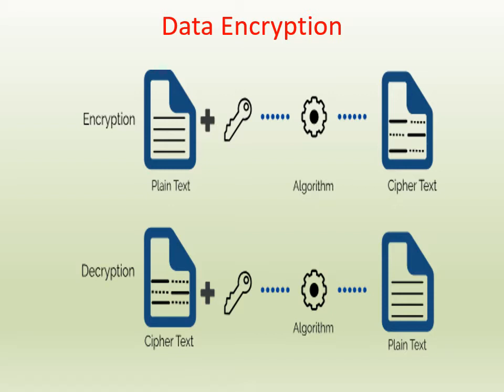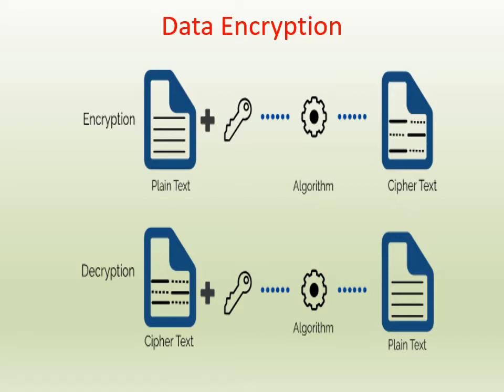Ciphertext can only be decoded with a unique decryption key, generally created either at the time of encryption or beforehand. Data encryption can be used during data storage or transmission and is typically used in conjunction with an authentication service to ensure that keys are only provided to or used by authorized users.